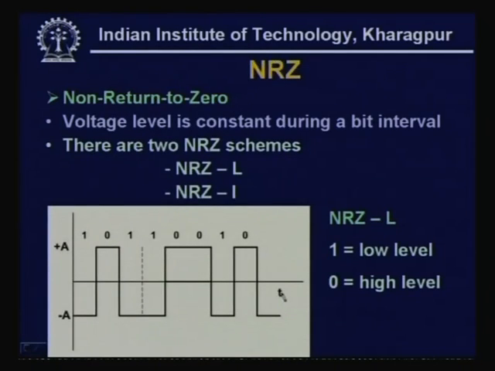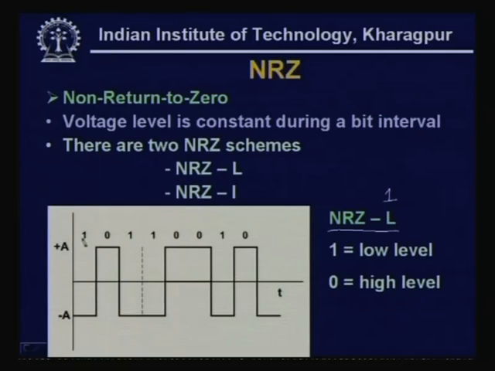Non return to 0, that is NRZ. In this particular case, as you can see from this diagram, voltage level is constant during a bit interval. It has two varieties, NRZ-L and NRZ-I. First, let us consider the NRZ-L. In case of NRZ-L, non return to 0, L stands for low level. That means binary value 1 is represented by low level.